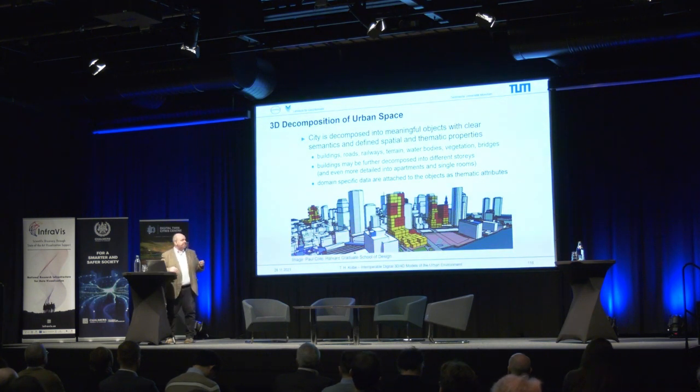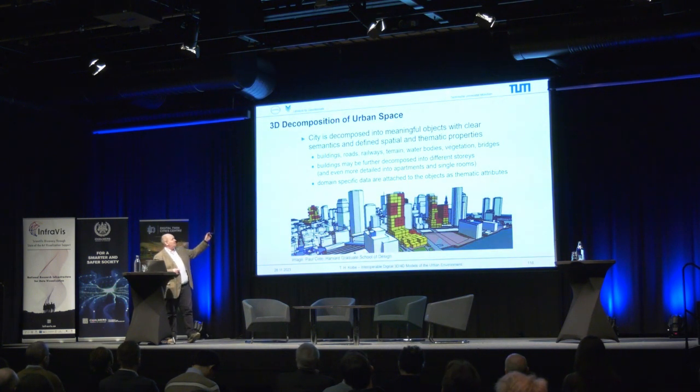I will talk about why in one of the next slides. Of course, we don't have only buildings, but also roads, railways, terrain, water bodies, vegetation, bridges, tunnels. We also have the utility infrastructure, so there are many different aspects addressed.